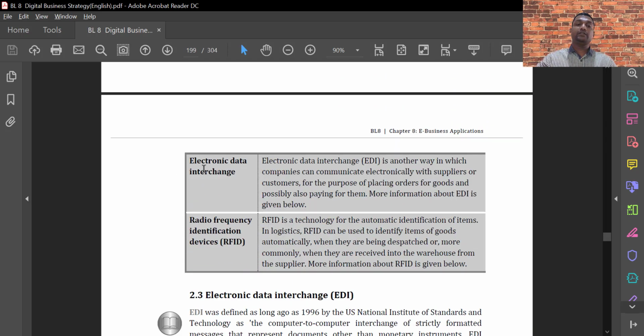And then electronic data interchange, which is the one being asked in the question. Electronic data interchange, EDI, is another way in which companies can communicate electronically with suppliers or customers. So this is the way the company communicates with these stakeholders.